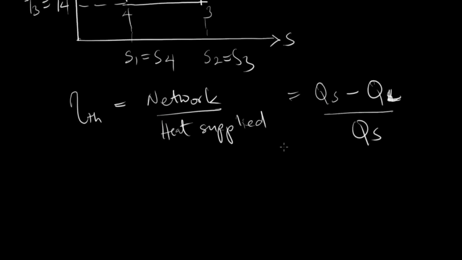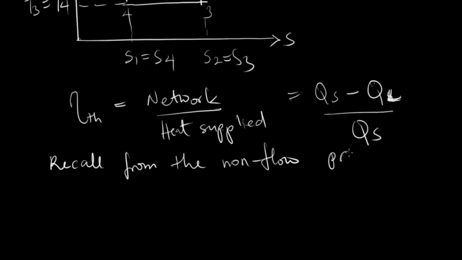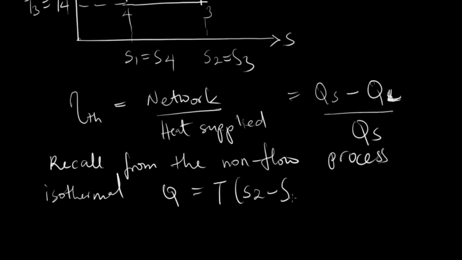QL is heat lost, sorry, heat rejected. Now recall from the non-flow processes, the isothermal process, where the heat is given by T times the change in entropy. Remember this formula from the isothermal process.